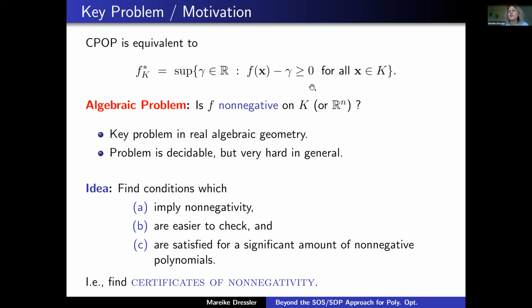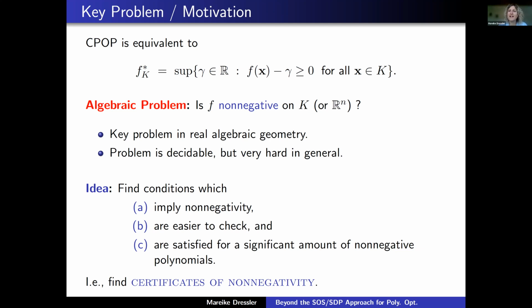So we are equivalently solving this problem of finding the largest real number gamma, such that f minus gamma is non-negative for all x in K. So the real algebraic problem here is deciding non-negativity of a polynomial either on a set or globally if we are in the unconstrained polynomial optimization case.